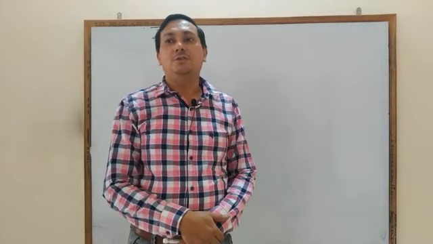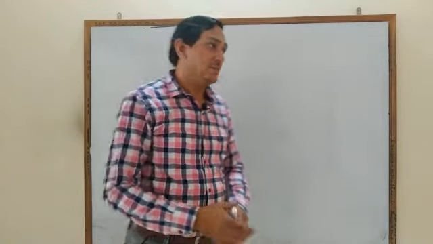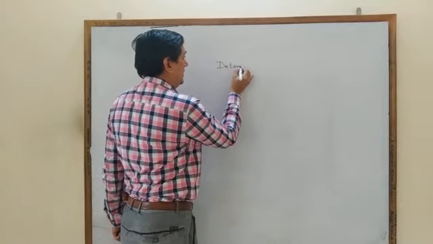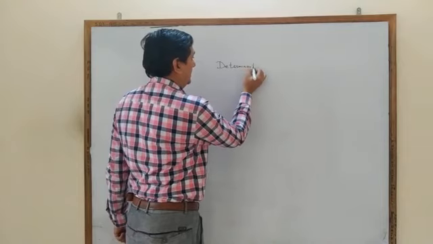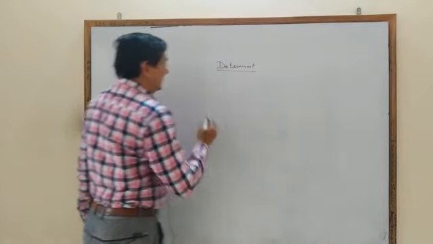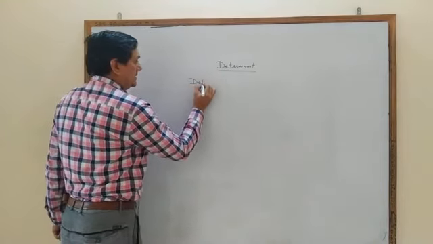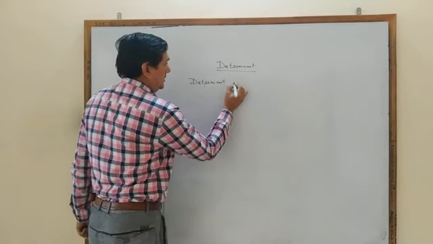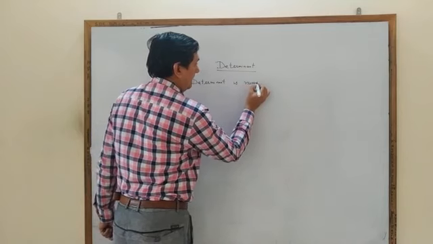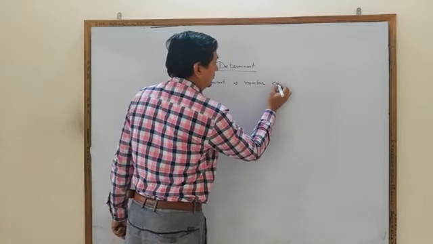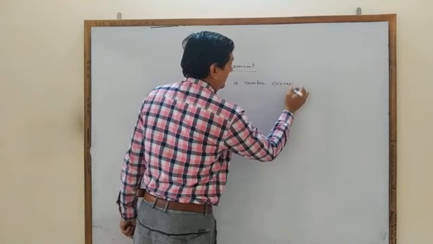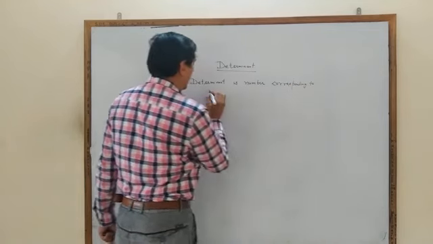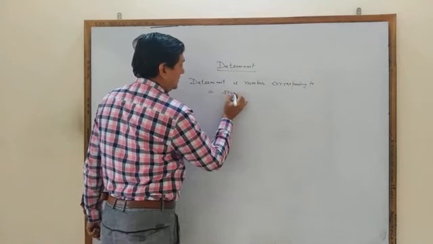Today we are going to learn determinants. First of all, we shall learn what is meant by determinant. Determinant is a number corresponding to a square matrix.